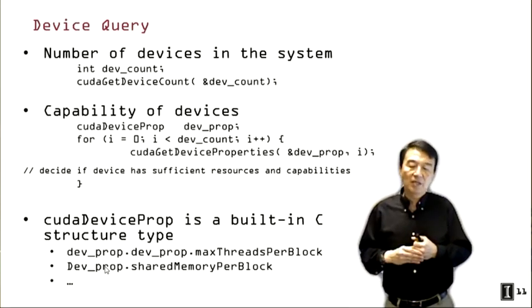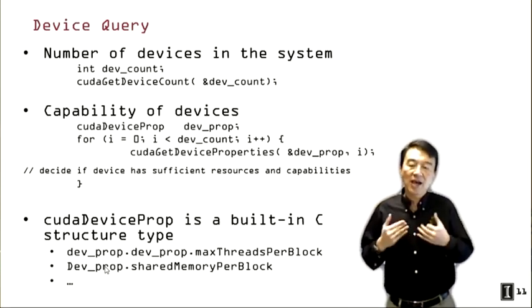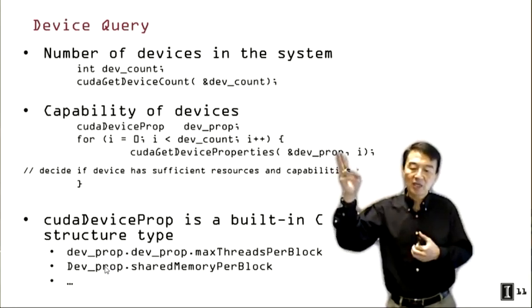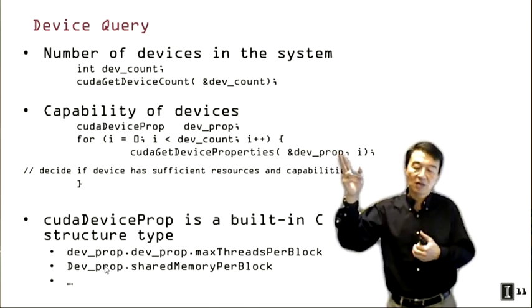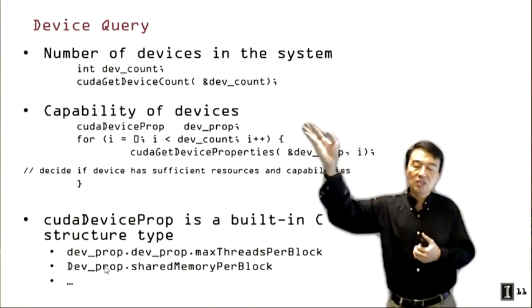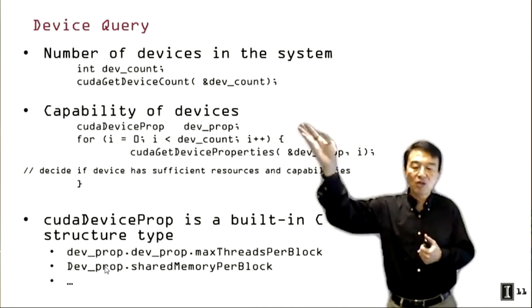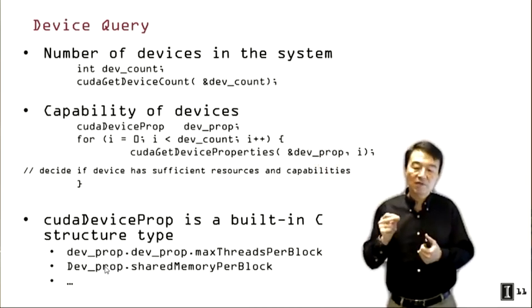You can ask about the number of devices in your system by calling the cudaGetDeviceCount function. You need to supply a pointer to an integer variable so that the function can return the total number of CUDA devices in your system.